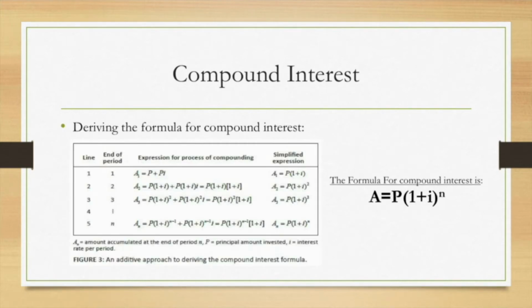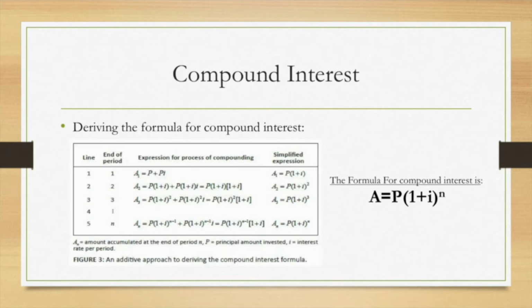Deriving the formula for compound interest is simple. By the end of the first compounding period, we get P plus PI. This P plus PI is then used as the principal amount for our second compounding period. When simplified, we get A at the end of the second compounding period is P(1 + I) squared.